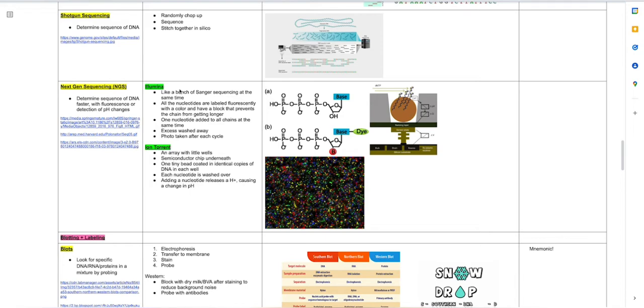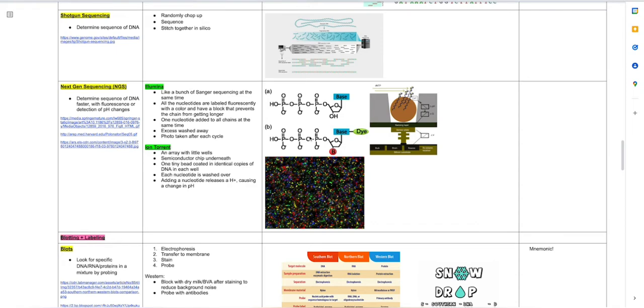All the nucleotides used here are labeled fluorescently with a color, and they also all have a block that prevents the chain from getting longer. So this is a normal nucleotide, and this is an Illumina nucleotide. It's got your block and it's got a dye.